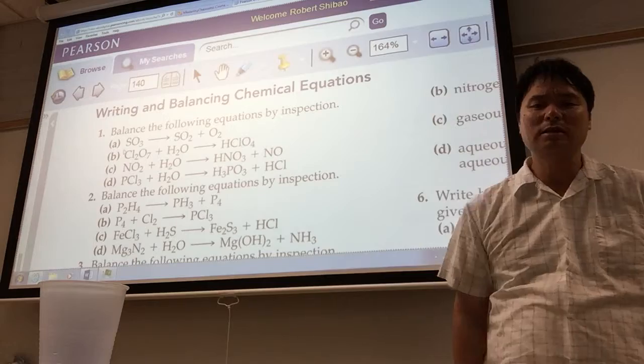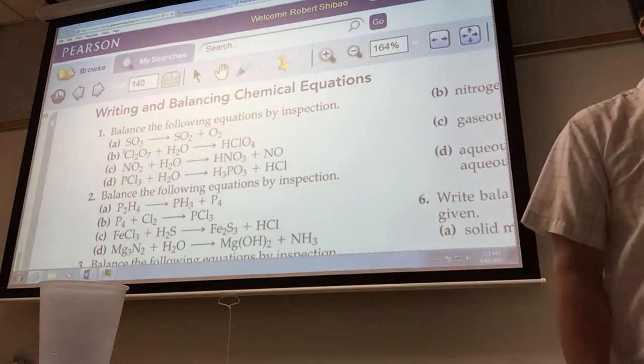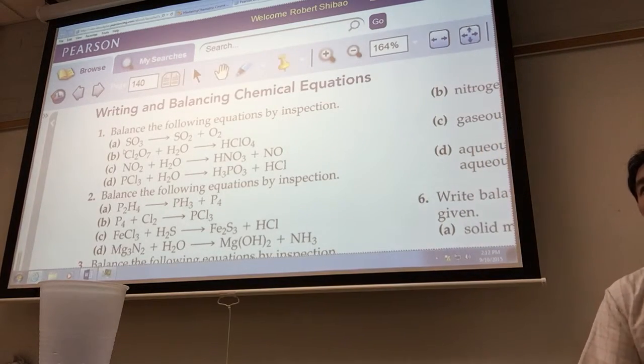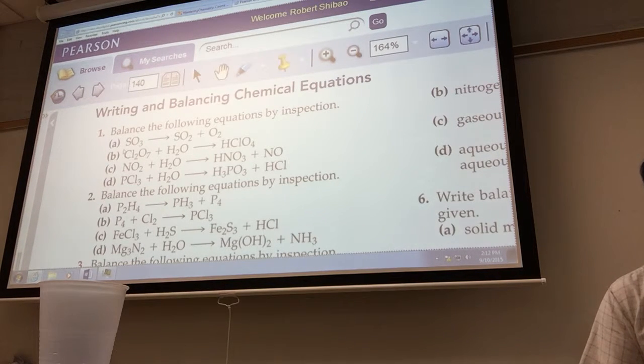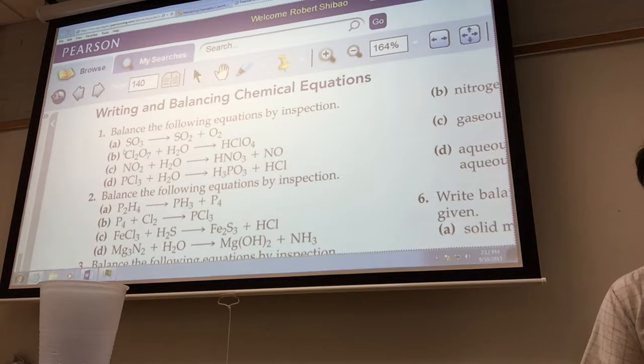So take a look at the oxidation states and tell me, did the oxidation states for any of the atoms change? Yes? No?